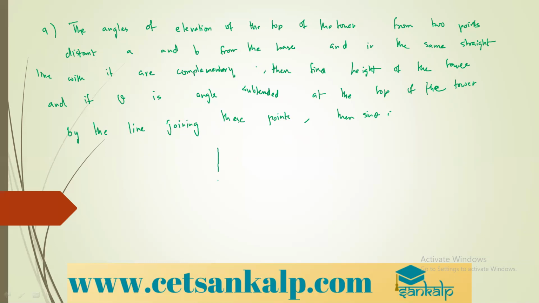So first of all, this is the tower. The height of the tower we have to find, so we will take h. This is ground. Now there are 2 points A and B. A is at a distance A from the tower. B is at a distance B from the tower.